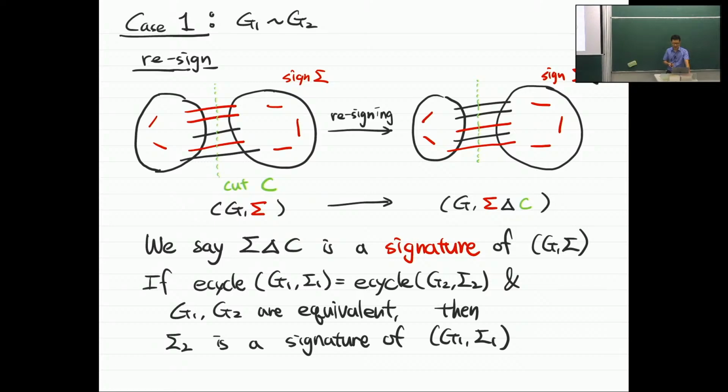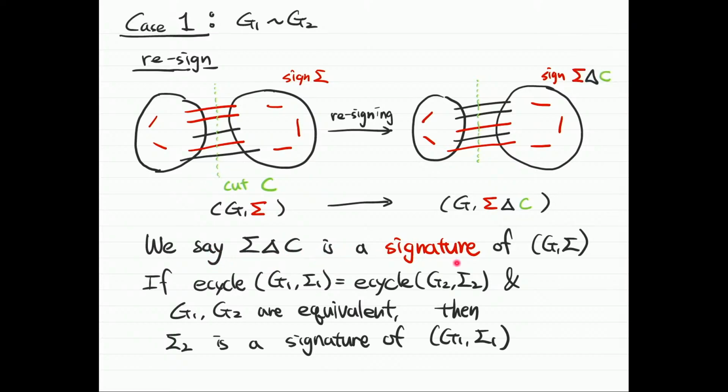So this operation preserves the set of even cycles, and we say that this new sign is a signature of (G, sigma). There's a simple remark saying that if (G1, sigma 1) and (G2, sigma 2) represent the same Evencycle matroid and G1 and G2 are equivalent, then sigma 2 is a signature of (G1, sigma 1). Actually the converse is also true.